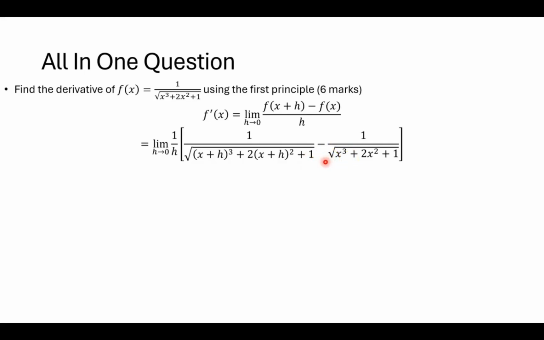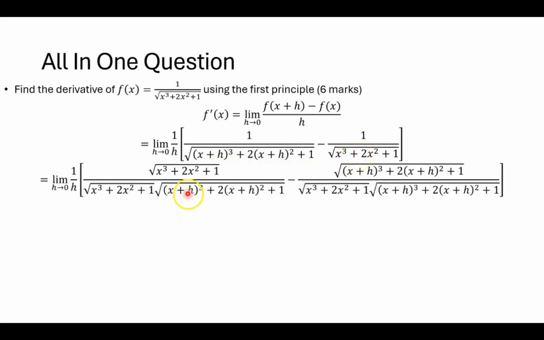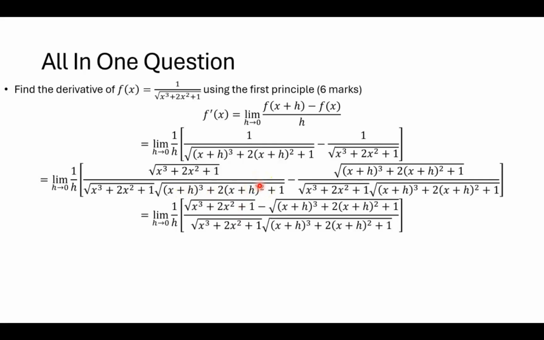And in this case, the common denominator will be this times this. So for the first term, we multiply the top and bottom by this thing. And for the second term, we multiply top and bottom by this thing. And now the denominators of the two terms are the same. We can simply merge the fractions together. And now we have this. Just be careful, there's a minus sign here.